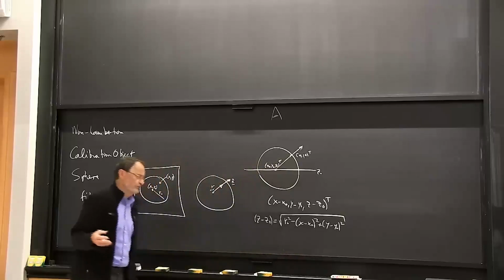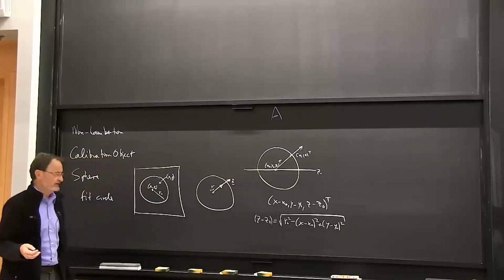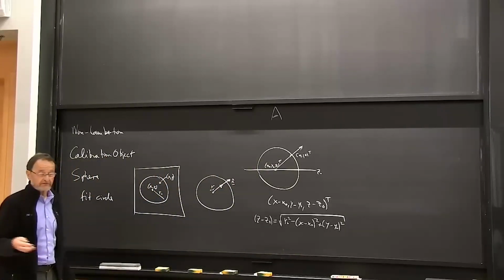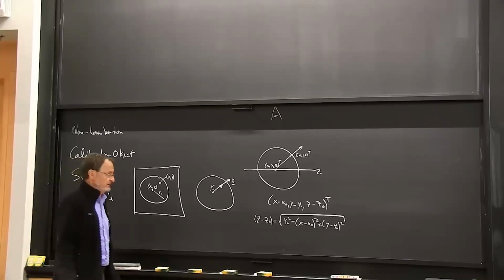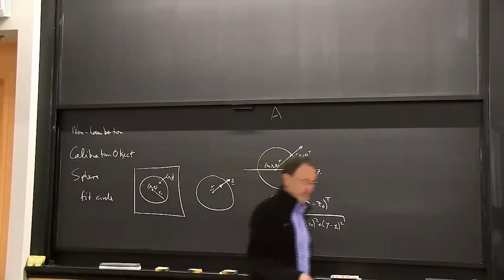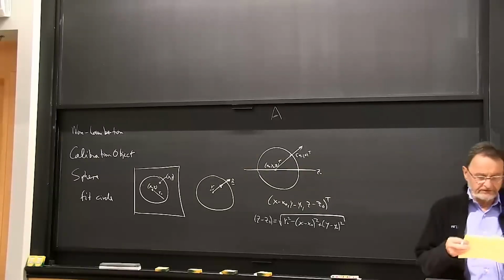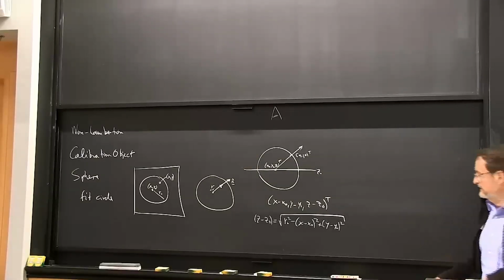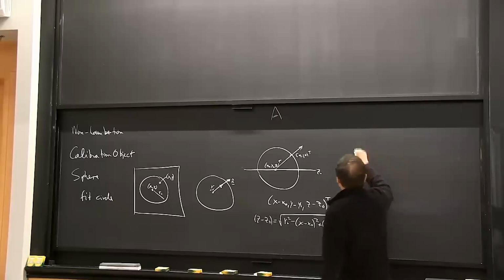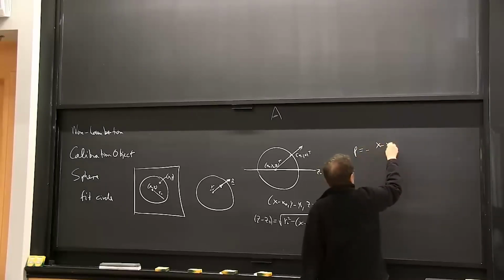Well, it just comes from the formula for a sphere, which is that the radius vector has a fixed size. X minus x naught squared plus y minus y naught squared plus z minus z naught squared is r squared. Okay, so having that, we can then compute p and q.